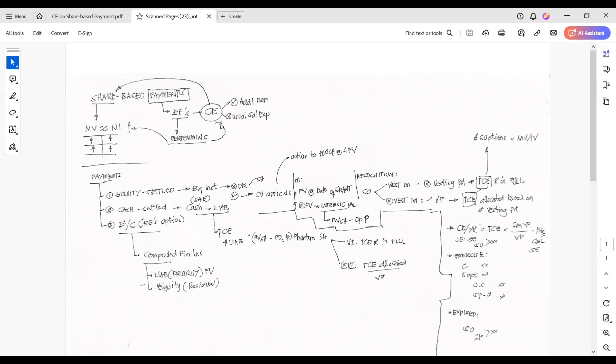Let's repeat. These are payments to the employees and these payments are based on shares. Payments to the employees but not the usual salary expense. And the usual salary expense is based on the labor of the employees.